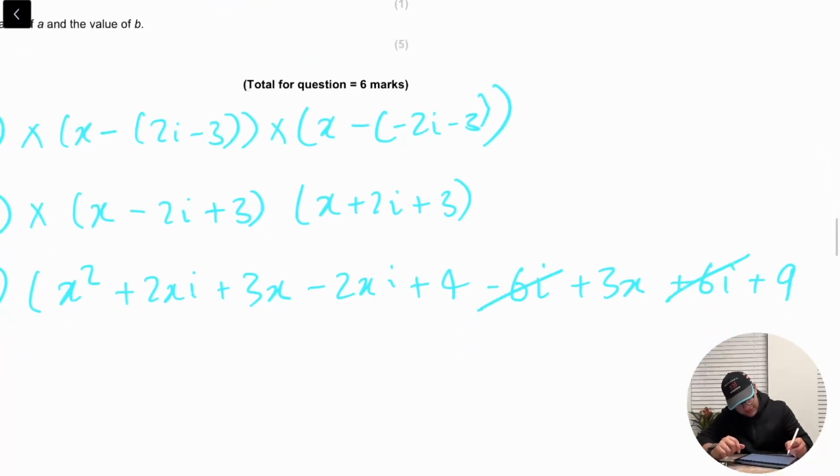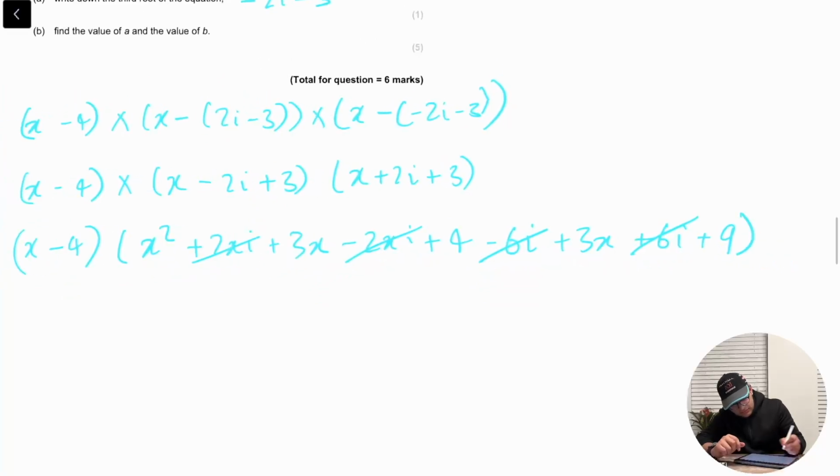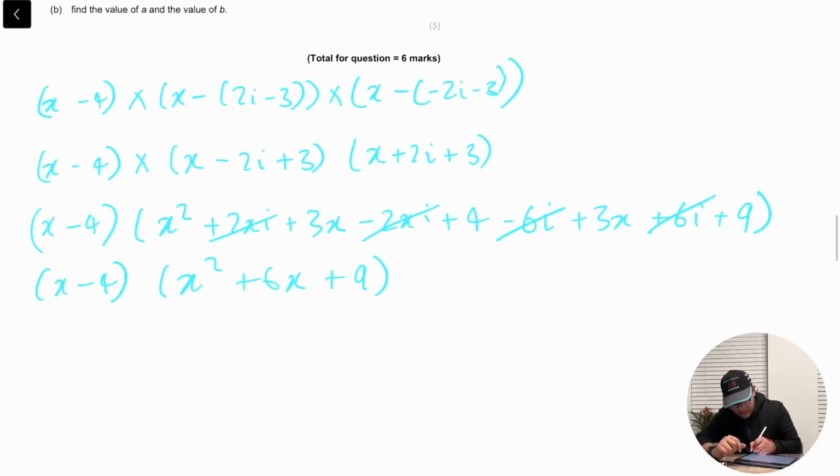Okay, so minus 6i and plus 6i cancel out, 2xi cancel out. So we're left with x minus 4, x squared plus 6x plus 9, right? And if we expand this out once more, we get x cubed plus 6x squared plus 9x minus 4x squared minus 24x minus 36, right?